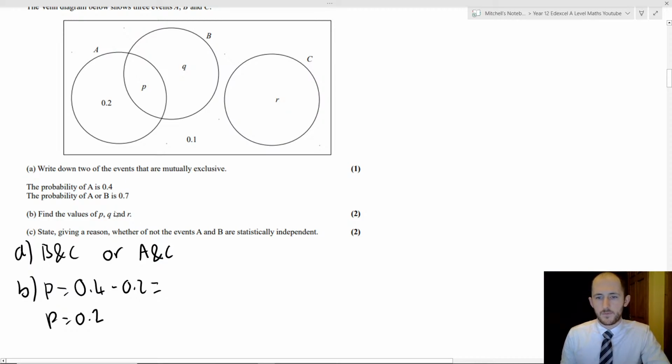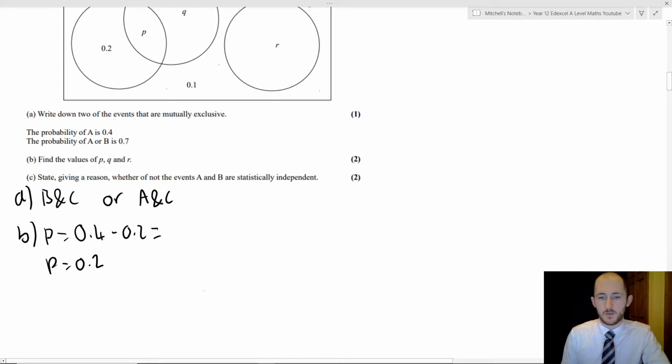Now, for the value of Q, it tells us that they're mutually exclusive. We can also work out what R is later on, but the probability of A or B is 0.7. So what that means is every value inside both of these circles added up should add up to 0.7.